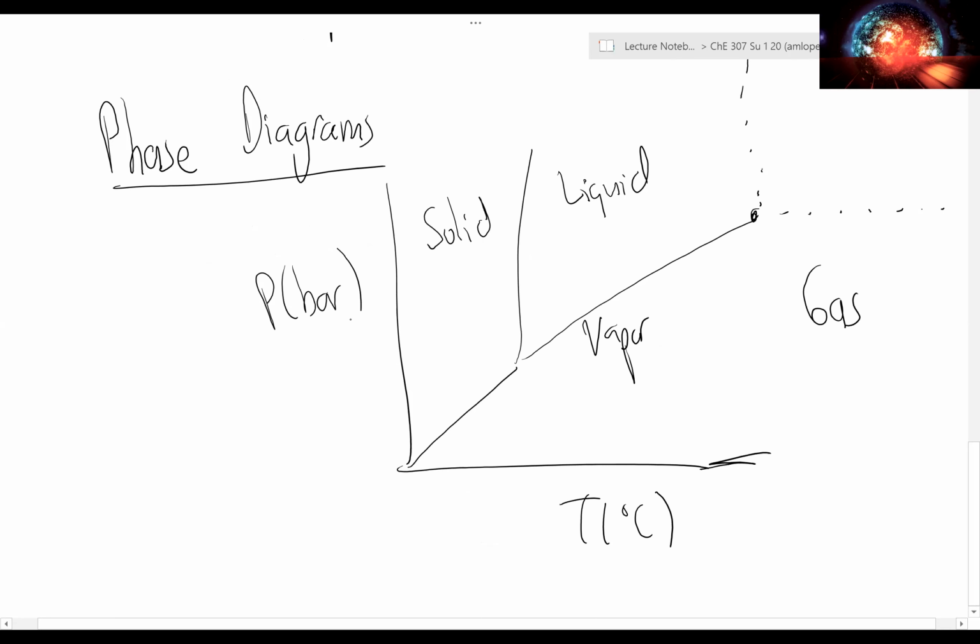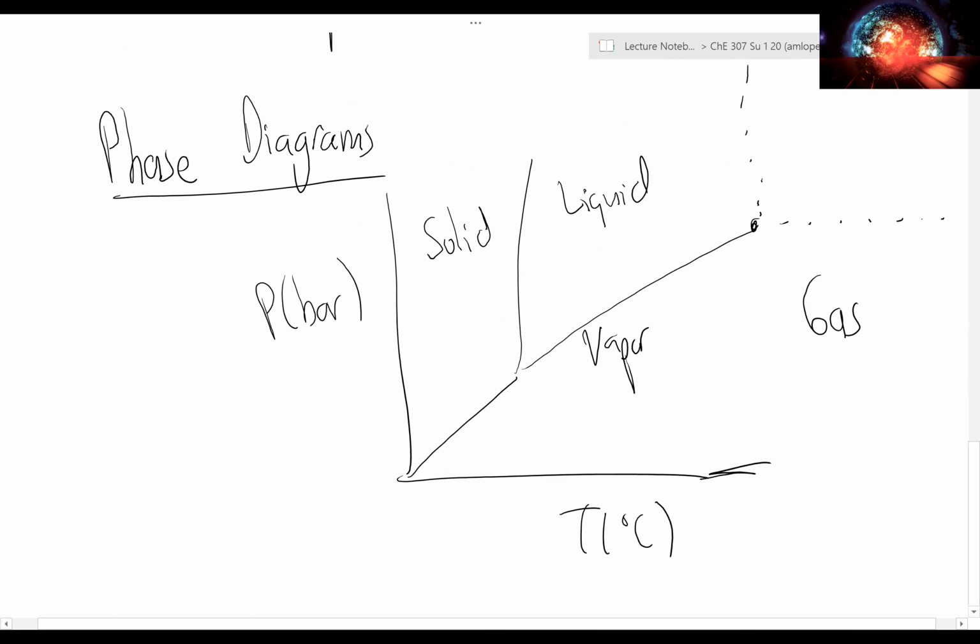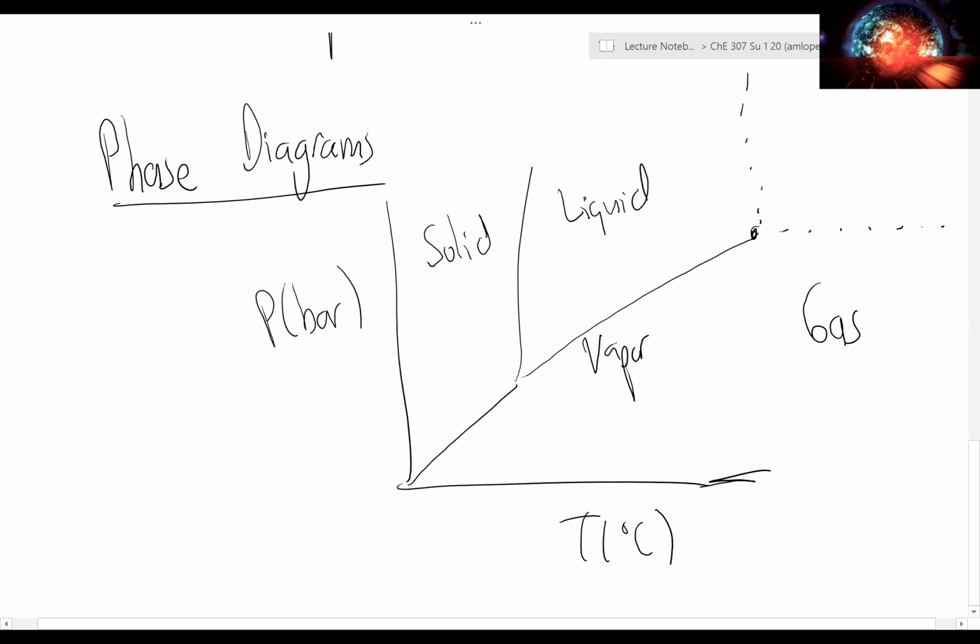Now, if we're looking at a single component, all we really need to look at is this phase diagram. And it allows us to understand the implications of manipulating process variables and how it's going to affect the presence and influence of phases.